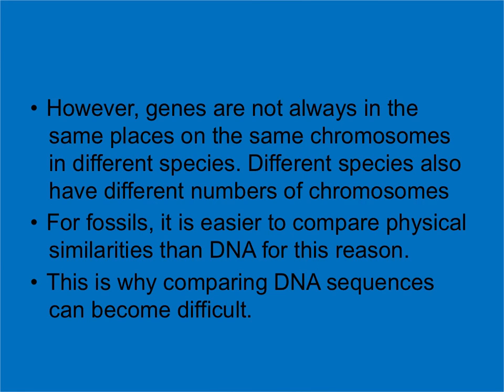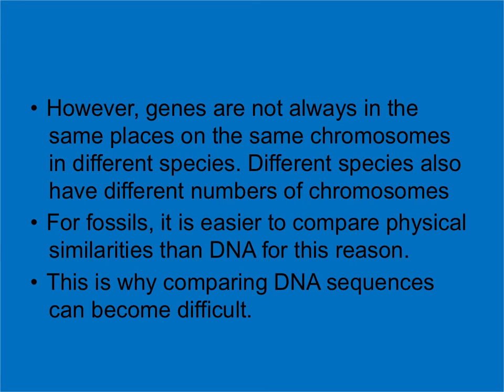Genes are not always in the same places on the same chromosomes if you're comparing DNA between different species. Another thing is different species have different numbers of chromosomes. So for fossils, it's easier to compare physical similarity than DNA similarities for this reason.